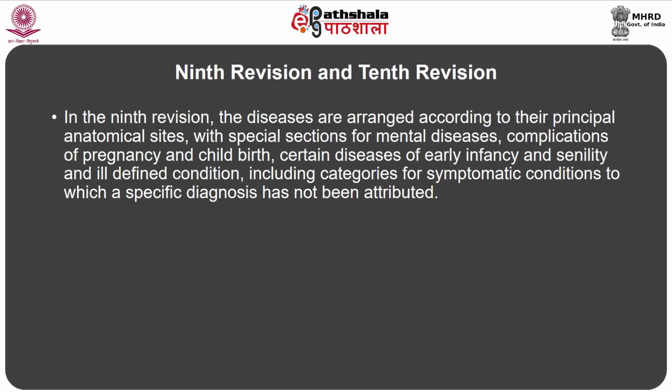In the 9th revision, the diseases are arranged according to their principal anatomical site with special sections for mental disease, complications of pregnancy and childbirth, certain diseases of early infancy and senility, and ill-defined conditions, including categories of symptomatic conditions to which a specific diagnosis has not been attributed.